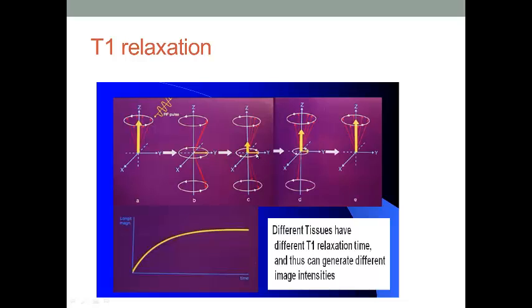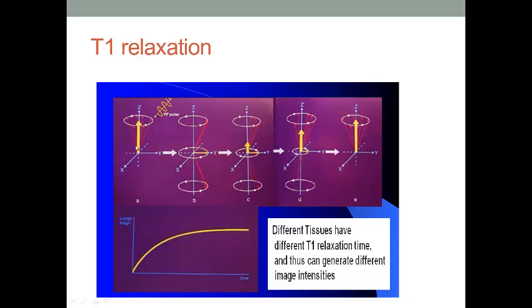When you stop the radio frequency, this yellow line will go back to the z direction, because just B0 exists and the RF pulse is not there.